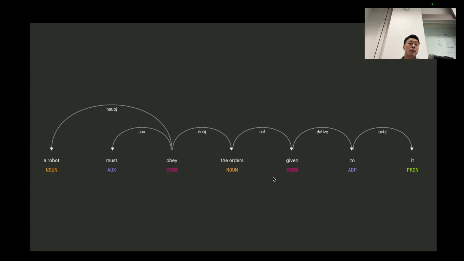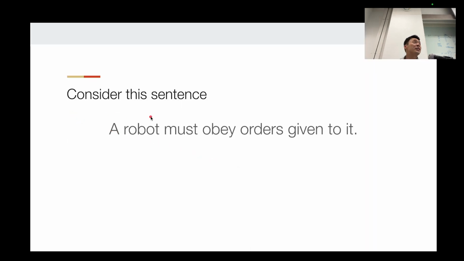Actually, to understand this sentence, a lot has to be going on. For example, to understand the word it, you need to know that it refers to robot, right? So the meaning of it and robot should be quite similar. And you can see that the dependency is kind of far.